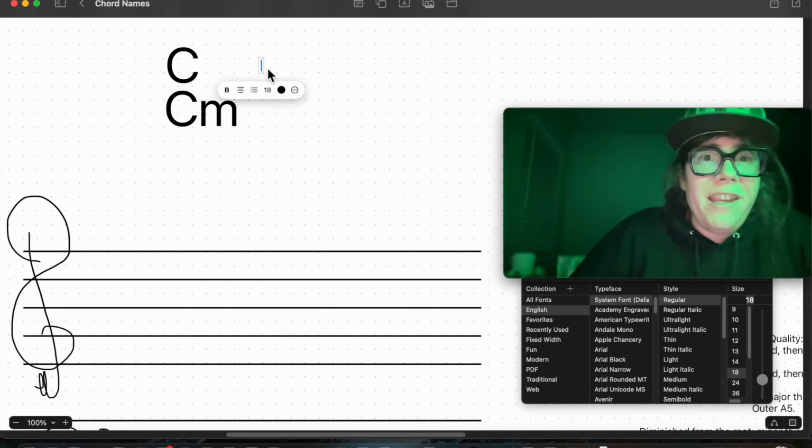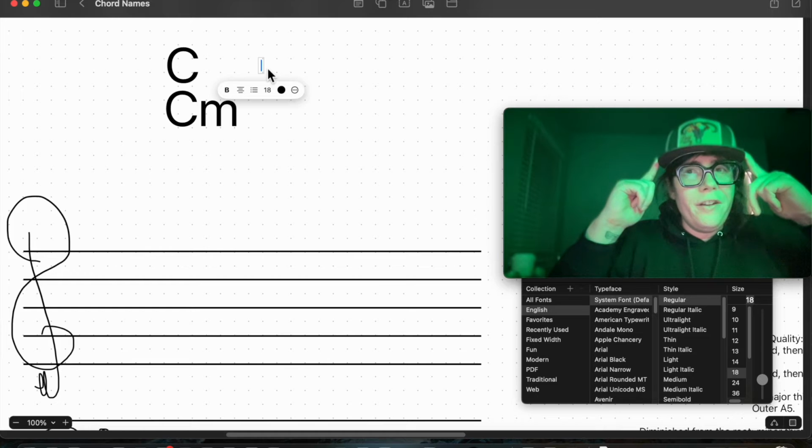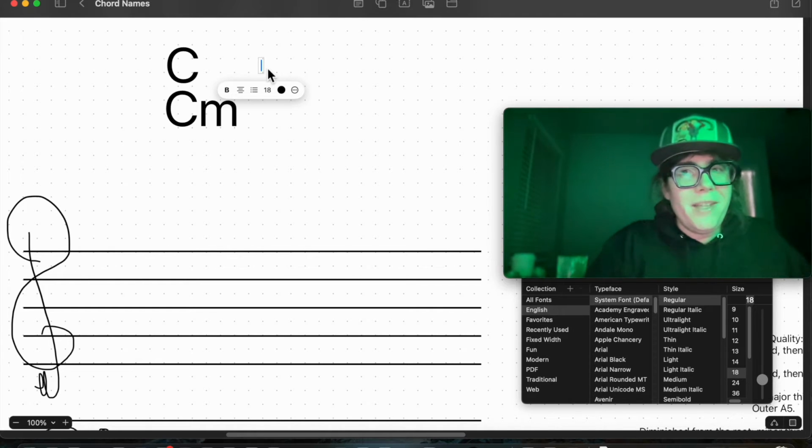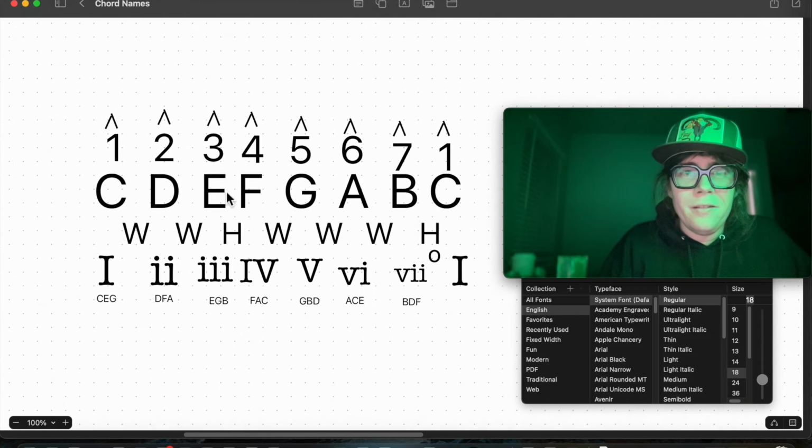So with C, remember the scale degrees we had for a 1 chord in the key of C major? I'm going to scroll down here. We had C, E, G, also known as 1, 3, 5.